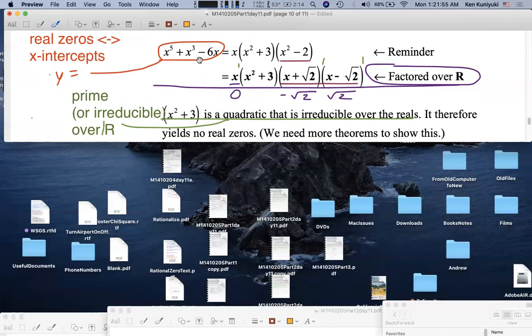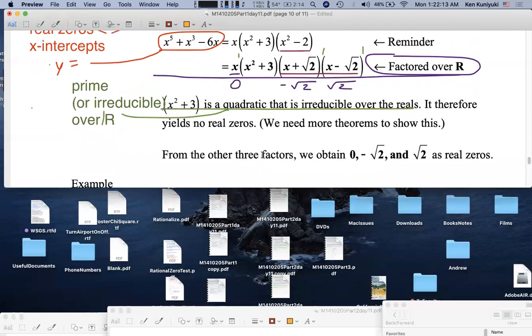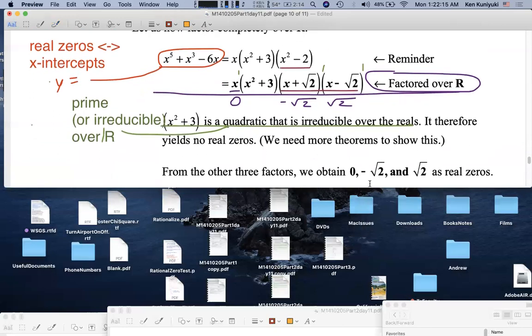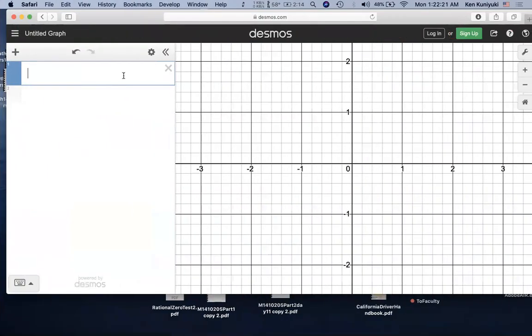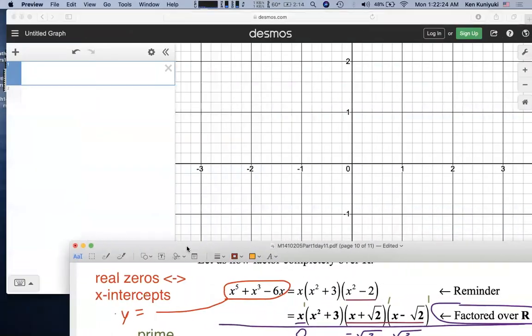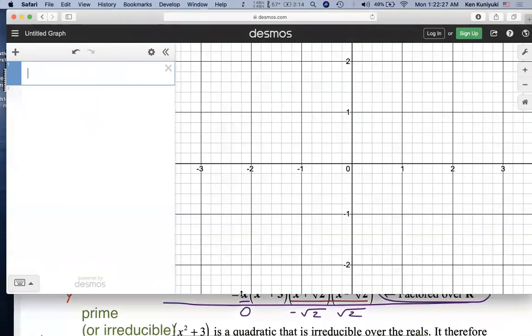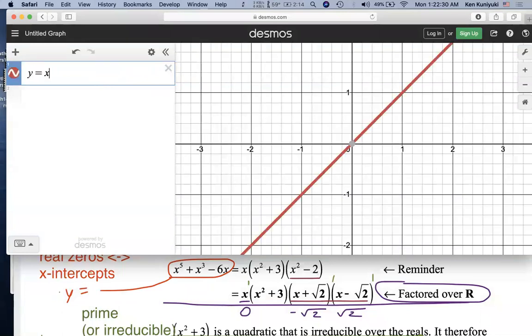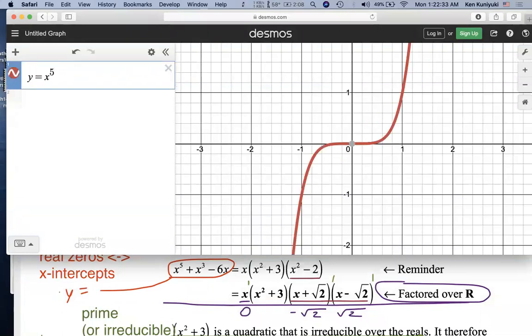Sketch a graph. All right, folks. Remember, these correspond to x-intercepts over here, the zeros, 0, and plus or minus root 2. All right, so let's graph this thing. y equals x to the fifth plus x to the third minus 6x.